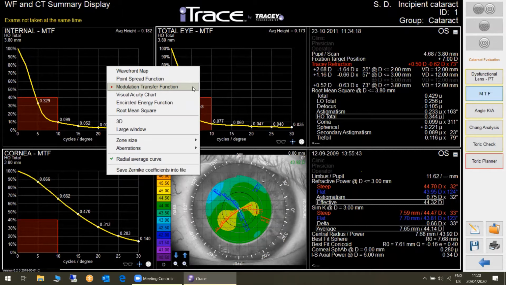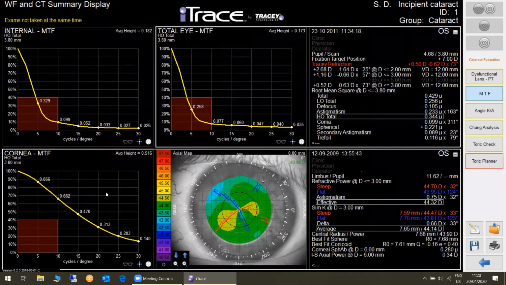Modulation transfer function, or MTF, is about optical quality. And optical quality is linked 100% to contrast sensitivity. So if you hear MTF, think contrast. Okay? So how do we normally measure contrast?